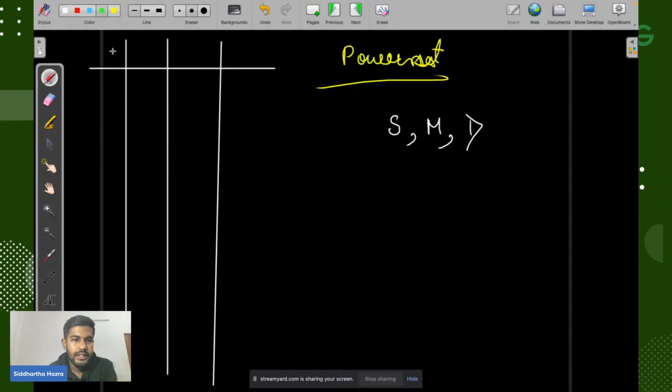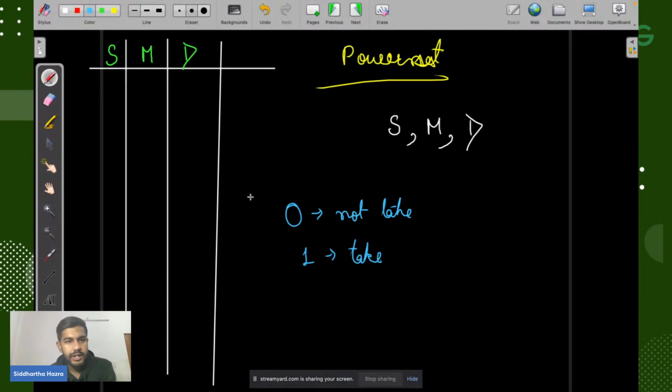This is Siddharth, this is Manish, this is Deepak. Just remember this: zero means not take, and one means take.